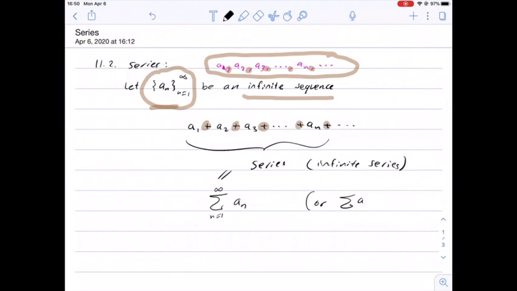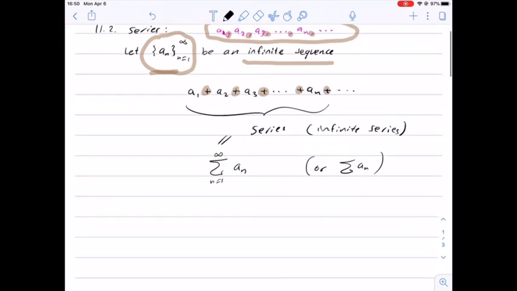Or some people prefer just to write it as a sum without writing the limits of this sum. Now in some proofs and applications, we may prefer to find partial sums.